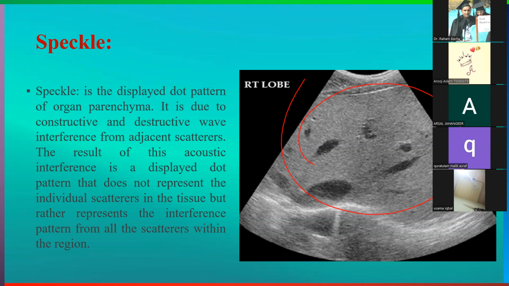But in state of the art, cutting edge modalities nowadays, this is reduced to a greater extent with the help of compound imaging and a number of other functions in the machine. That's why you will not have too many speckles in state of the art modalities. But still, if some structure appears like this, that will be described as speckle.